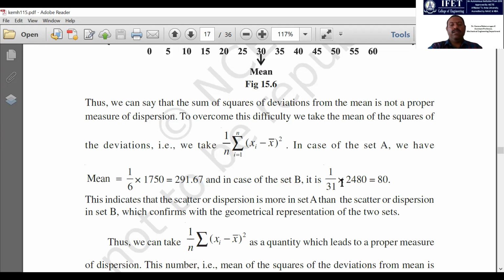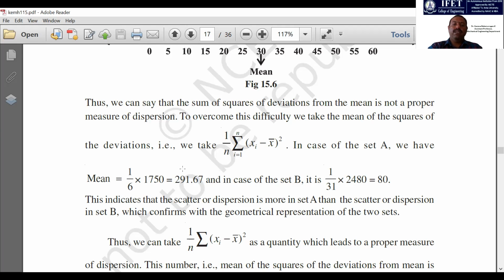And for B, if you apply this formula, you have to divide this value by 31, that is, the number of observations is 31. You will get 80, right? Now you can see this 80 is the mean of the square of deviation. Now it gives a more meaningful value, right?